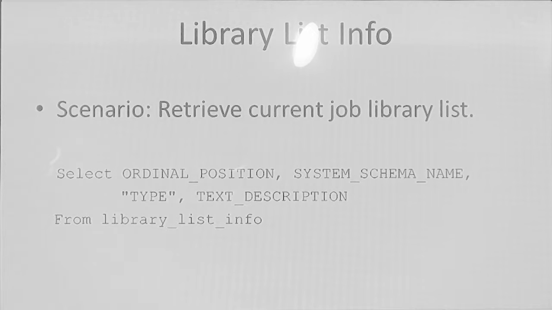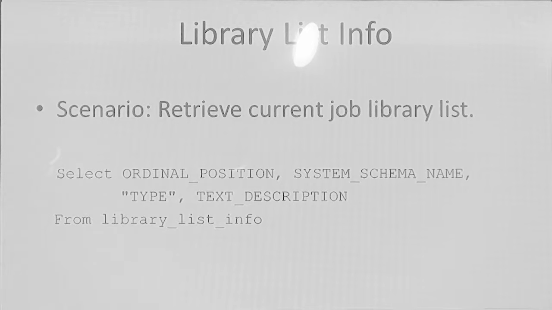It's in QSys2. I didn't put the library name up there. Yeah. So if you put select all because you don't care, that will work fine too? Sure. I just limited it a little bit instead of just putting the splat. But if you don't want to type, you can. Yeah, that's exactly right.